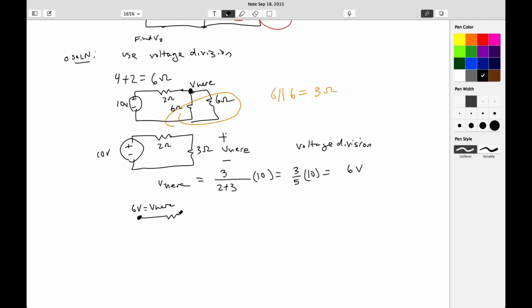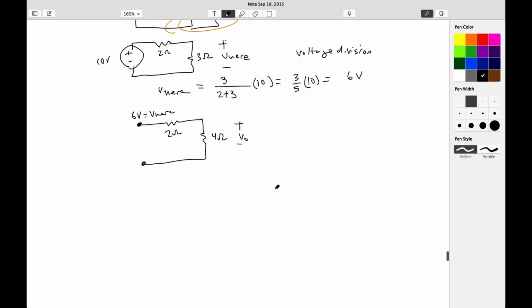And we can expand back out to what we had, which was a 2 ohm resistor in series with a 4 ohm resistor. And we wanted V naught, which is the voltage across here. And so what we get is to use voltage division again. V naught is equal to the resistor we want, 4, divided by the sum of the resistors, 2 plus 4, times 6 volts, which was the input voltage.